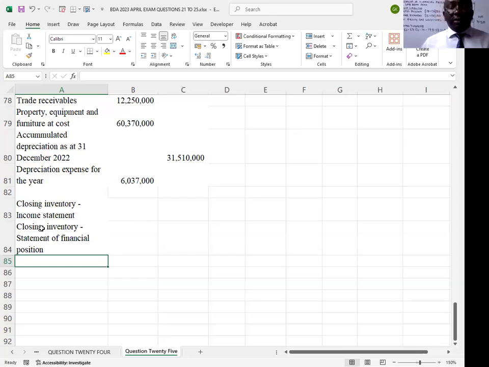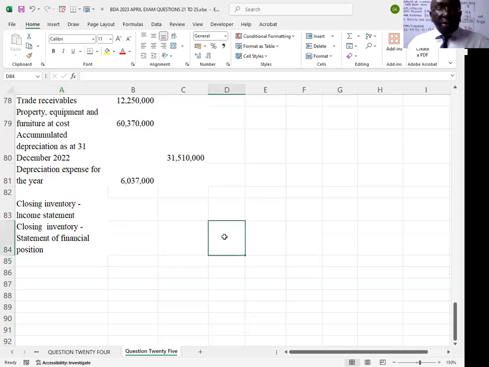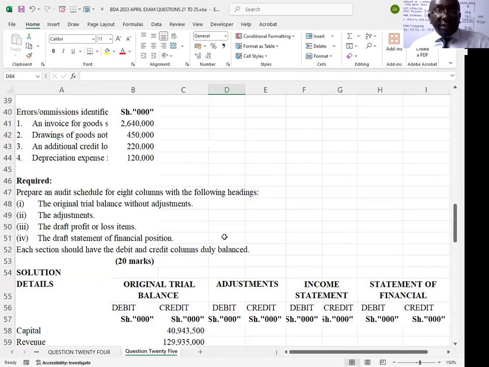This one that will go to the statement of financial position, we will debit it.